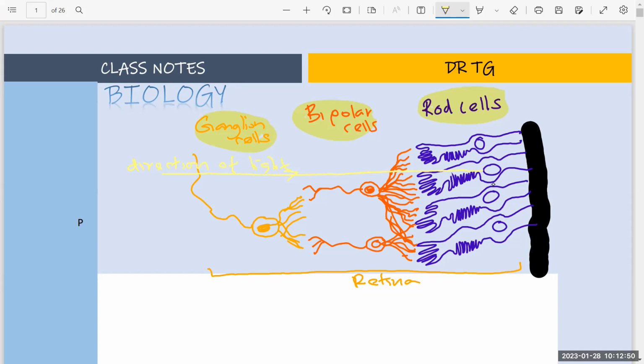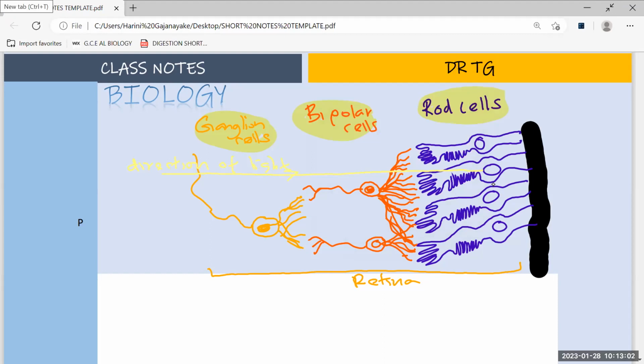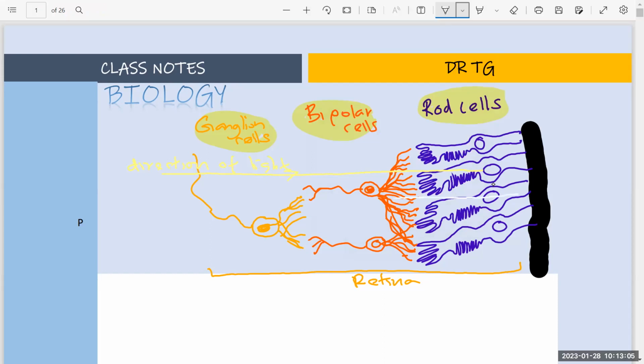After that, the direction of signal is represented by this white line, and the direction of signals goes this way. That means the nerve impulse finally exits from the ganglion cell.